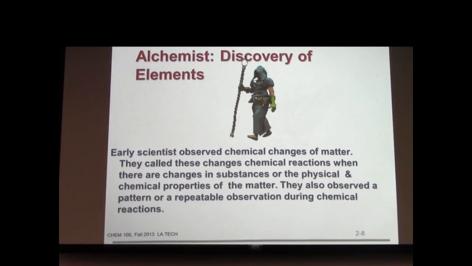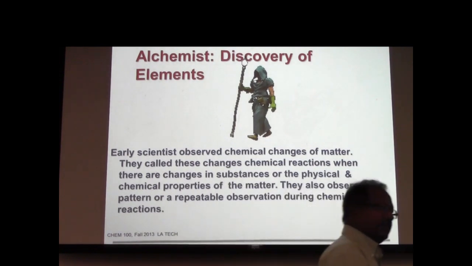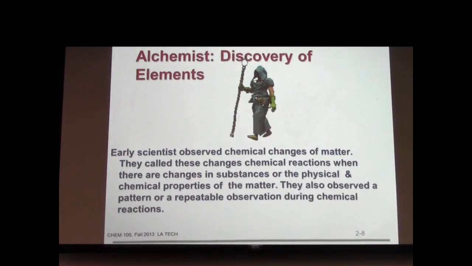So we are still alchemists in a way, right? So alchemists didn't follow the scientific method exactly, but they became scientists eventually. Based on their observation of chemical reactions, they saw a pattern in their observations. When two elements reacted together, they began to see the mass is conserved. Mass before and mass after.